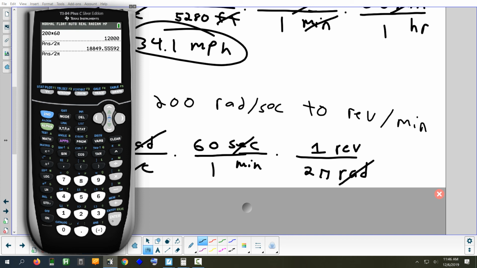I probably need to put that 2 pi in parentheses. Yes, that's exactly what I need to do. So the top was 12,000 divided by 2 pi. But if you don't put it in parentheses, it's going to mess up. So that's a speed of 1,909.9 revolutions per minute.